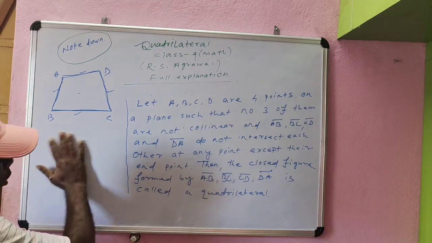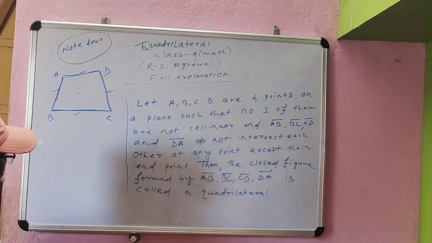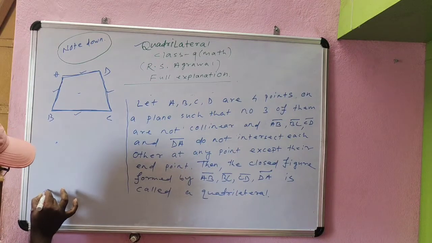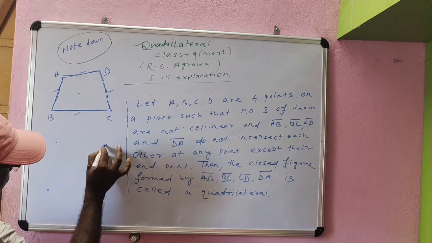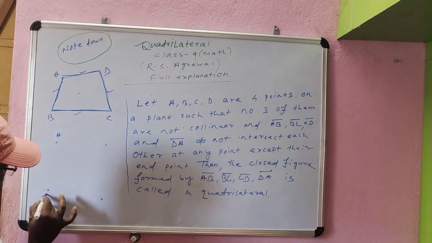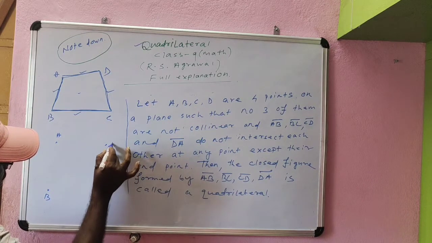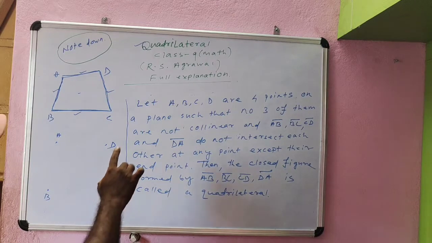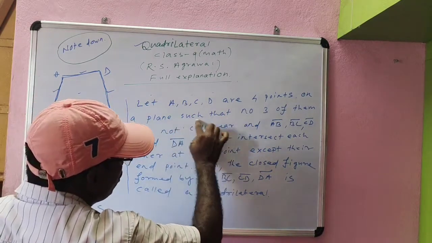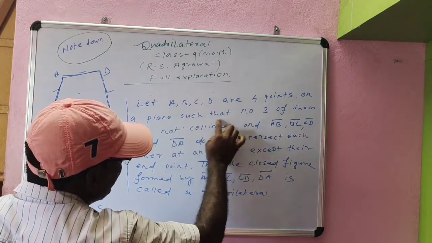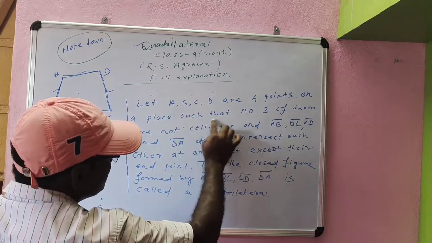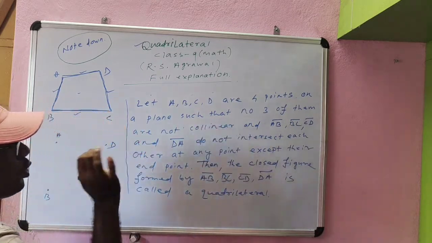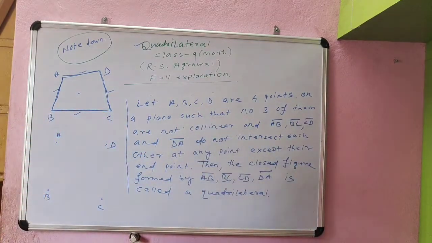Suppose the 4 points A, B, C, D lie on this plane. It is A, it is B, it is C, it is D. And the condition is that no 3 of them are collinear.